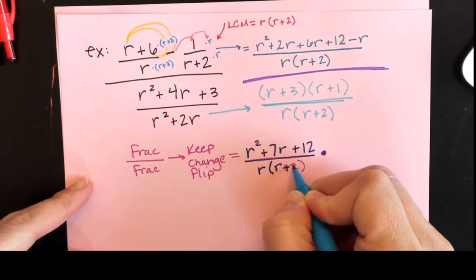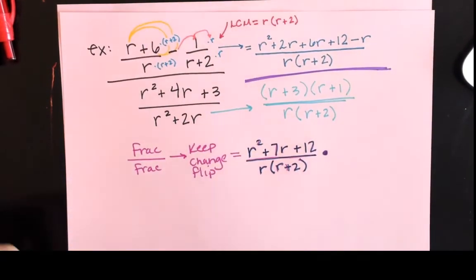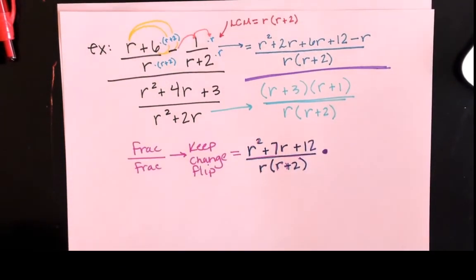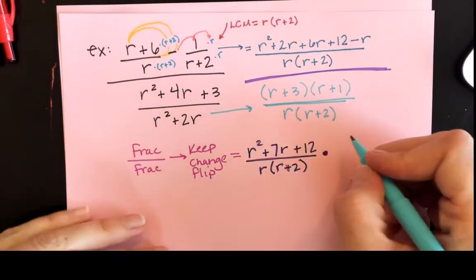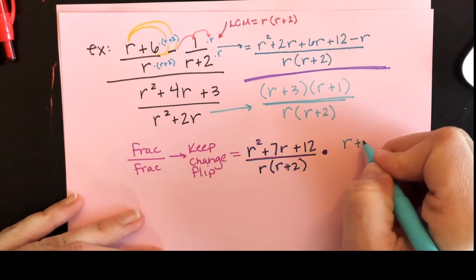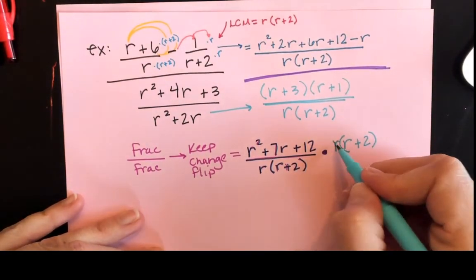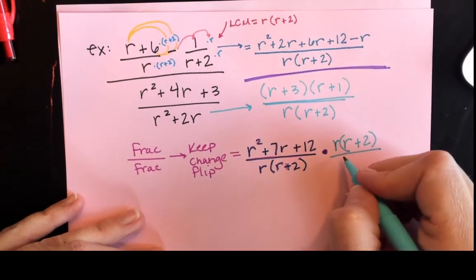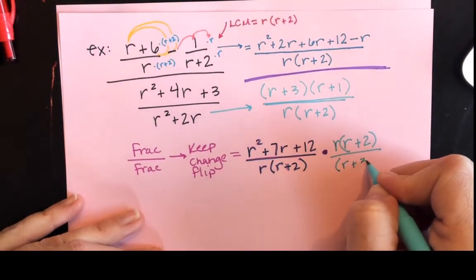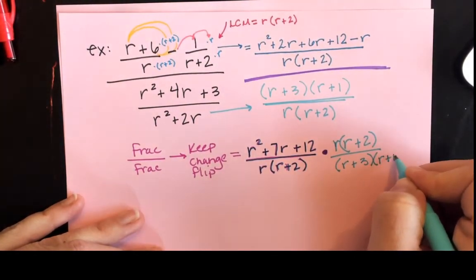That way I don't have to rewrite all this later. So there's our top. We changed our sign, and now we're going to flip the bottom, and we end up with r plus 2 times r. And then on the bottom, we now have r plus 3 and r plus 1.